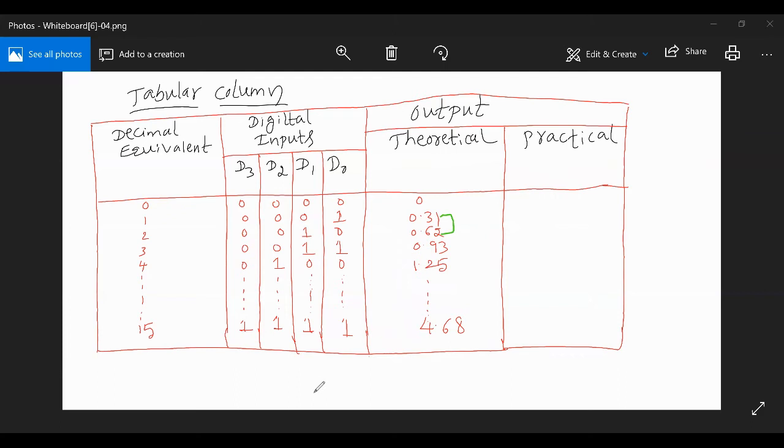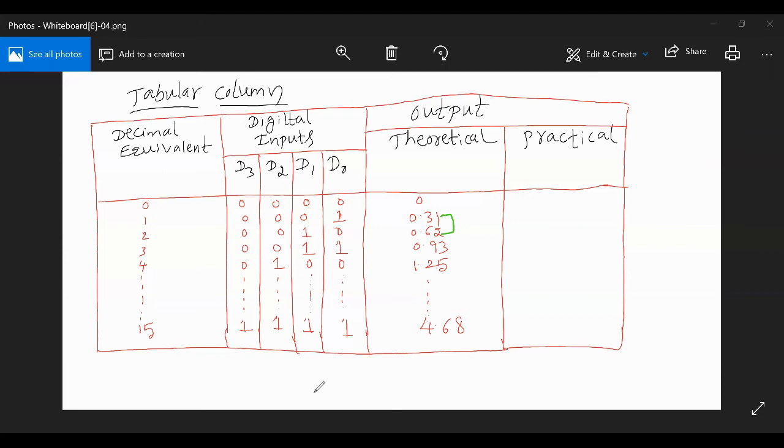The difference of two consecutive output values is called the step size, and that step size value keeps adding along the sequence of digital inputs. For 3, 0.31 will be added. For 4, 0.31 will be added. You could see here, for 0, the output is 0. For 1, 0.31 is added, therefore 0 plus 0.31 is 0.31.